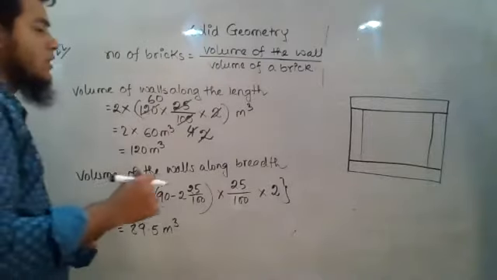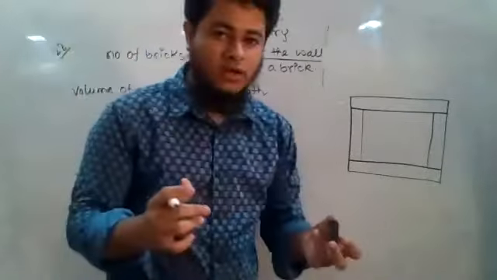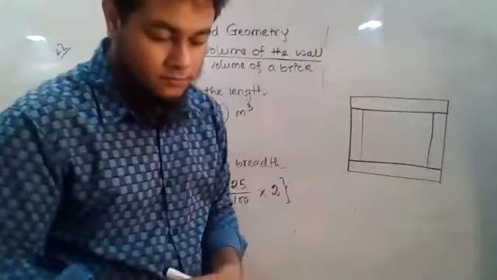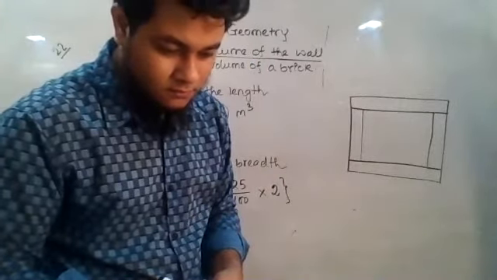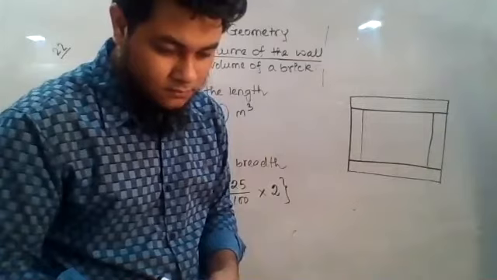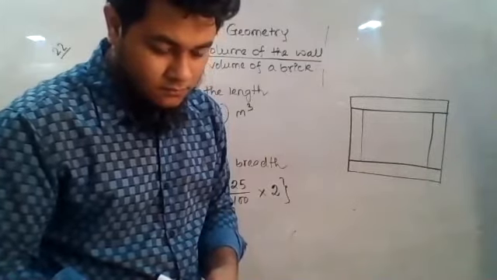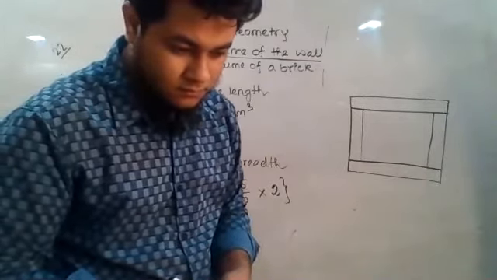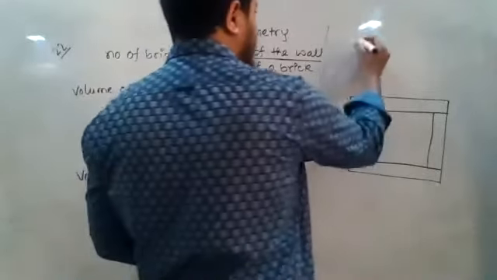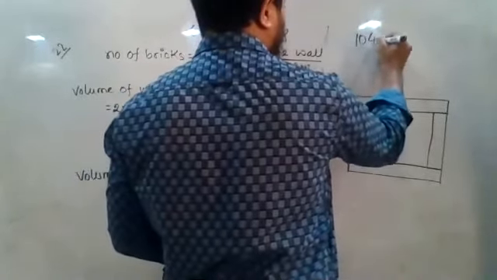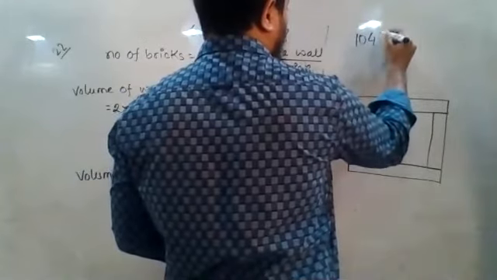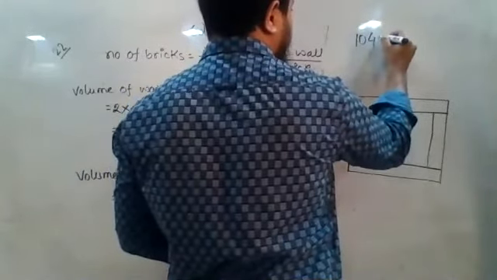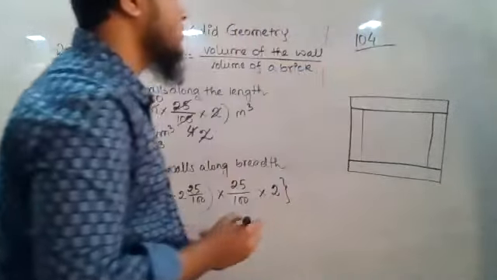In the previous method, what is the value of volume of the wall we got? So 104.6 something like that. We got the wall.